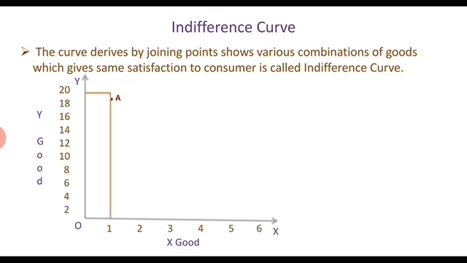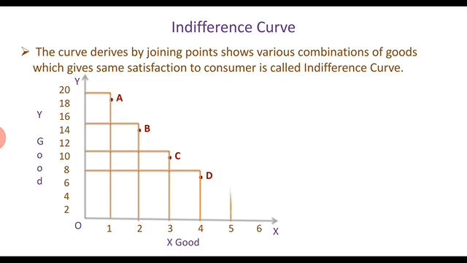The combinations A, B, C, D, E and F are combinations that give the same satisfaction. When we join these points, we get the indifference curve.